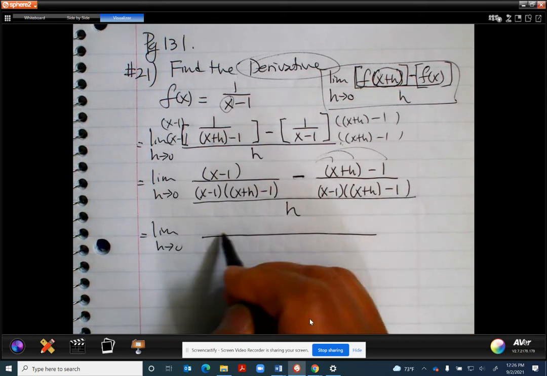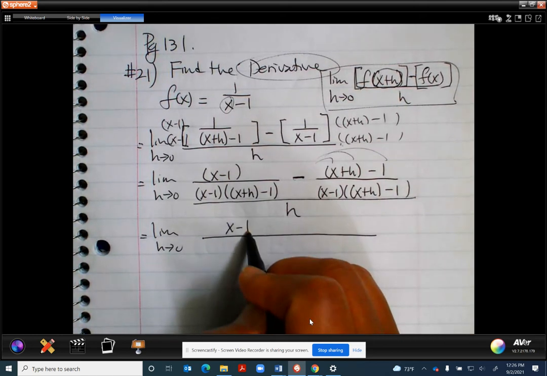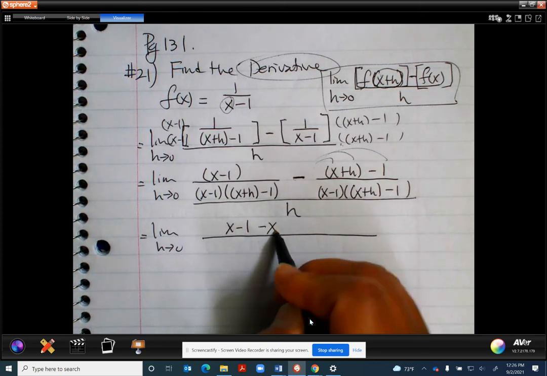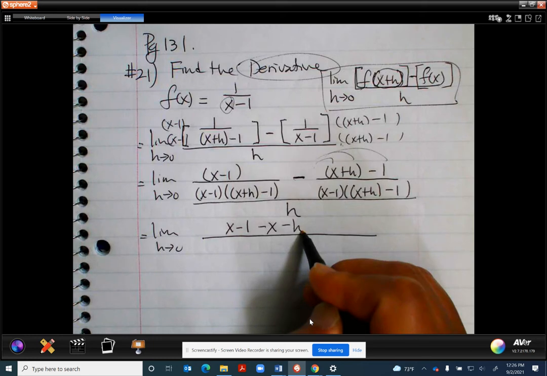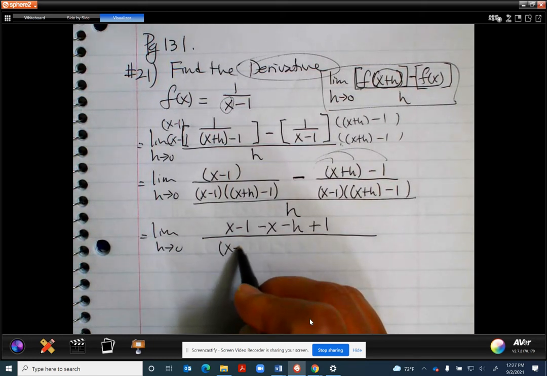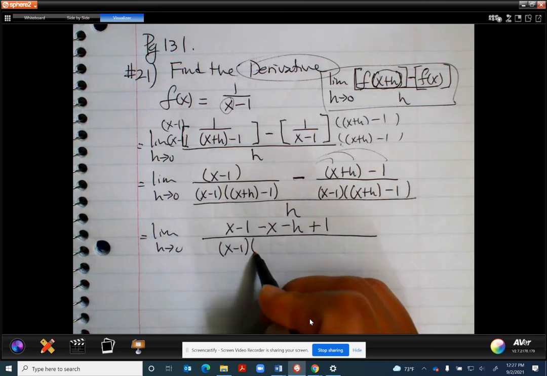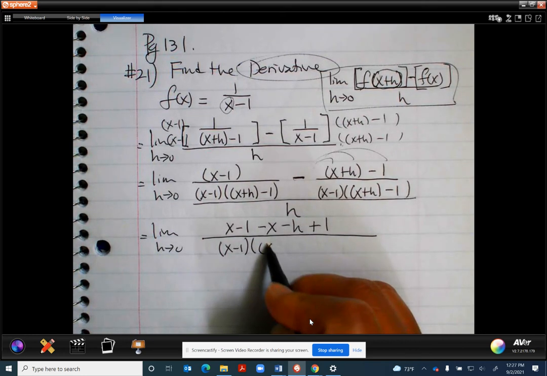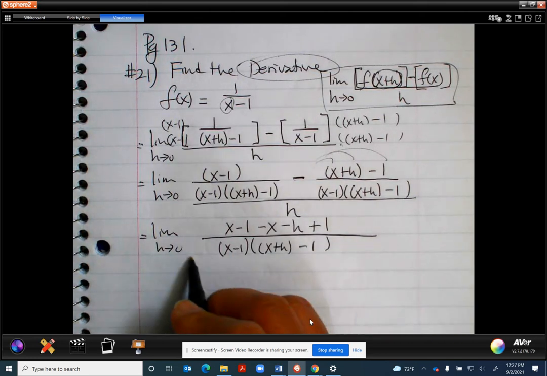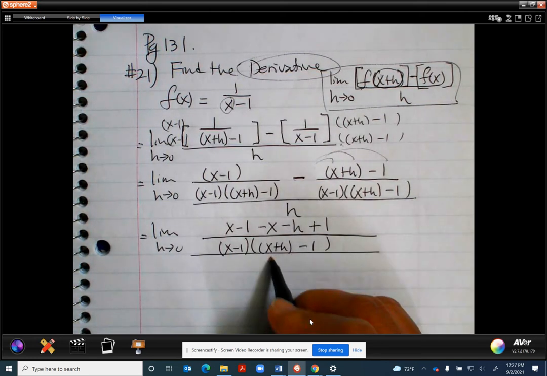So if I take out the parentheses, I have x minus 1, and what else? Minus x minus h plus 1 over x minus 1 times x plus h minus 1 all over h.